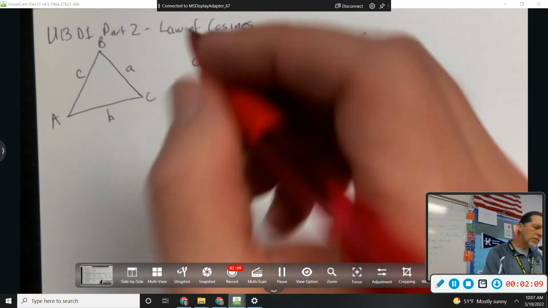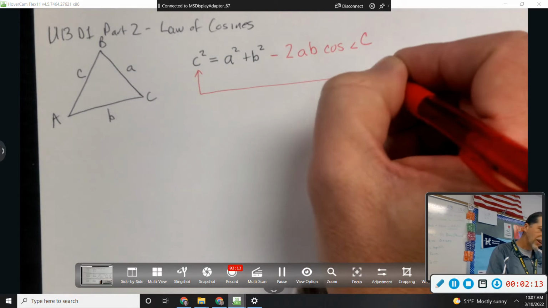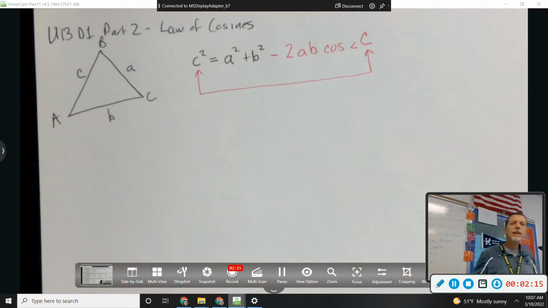And probably the most important thing to remember is who goes where with all the letters and angles. The side that's by itself on one side, that's the angle that you'll use on the other side. Or if you know you're using a certain angle, then that's the side that's got to go by itself on the other side.